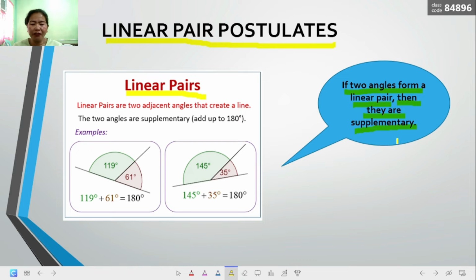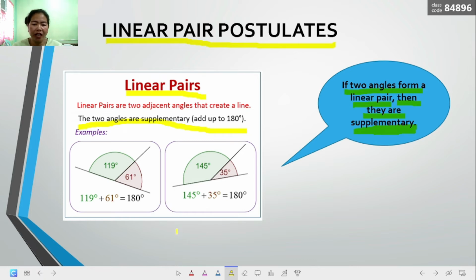If we recall the definition of supplementary angles, the total of the measures of the angles is equal to 180 degrees. So in this postulate, if two angles form a linear pair, then they are supplementary angles. Meaning, if there are two or three angles that form a linear pair, then the total of their measures is equal to 180 degrees, and that is supplementary angles. So they form a linear pair.